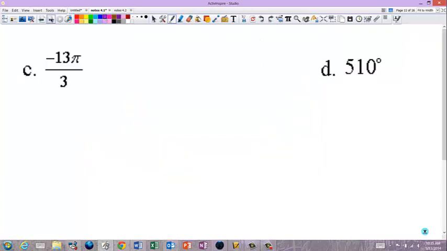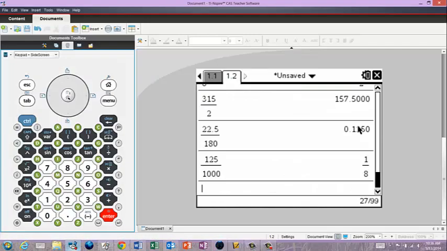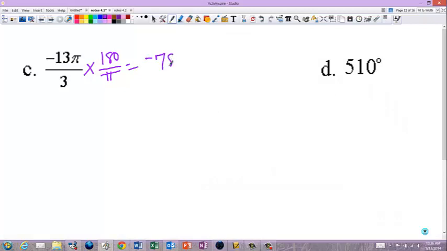Just keep watching. Now, negative 13 pi over 3, I don't know, well, first of all, let's convert it to degrees. Negative 13 over 3 times 180. Negative 780. Now, negative 780 is not on my circle. Okay, so what can I do to get something that is?